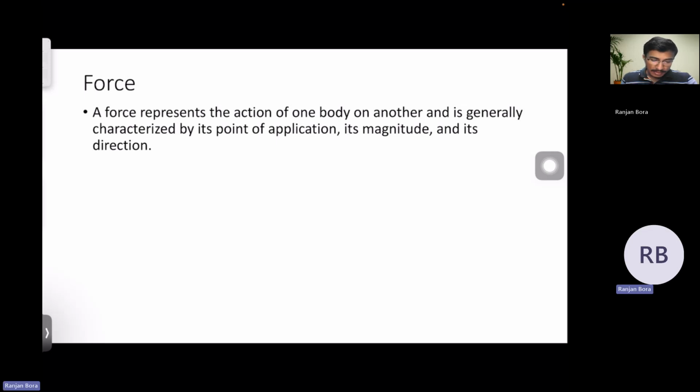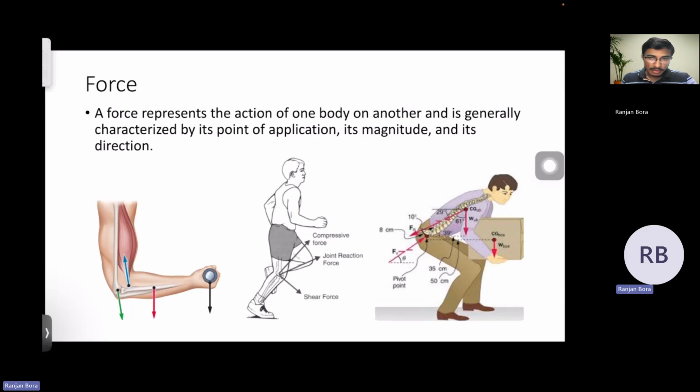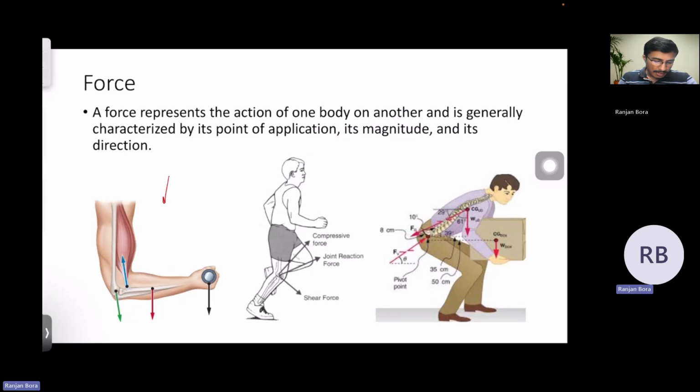You can see these are some examples of different forces which act on our body during different activities. In this first case, when a person is doing some exercise using his hand, these are the forces represented using the arrows.